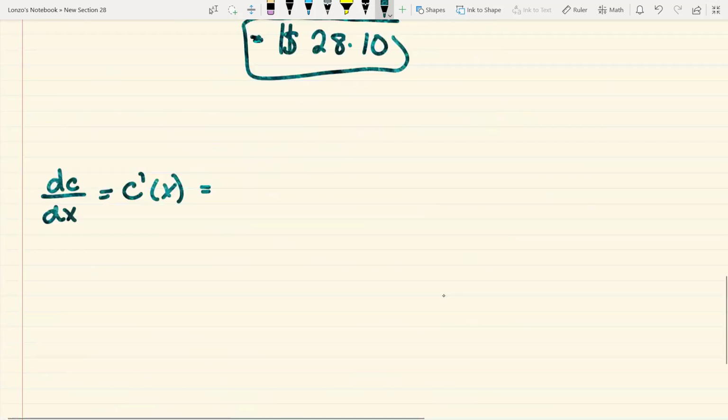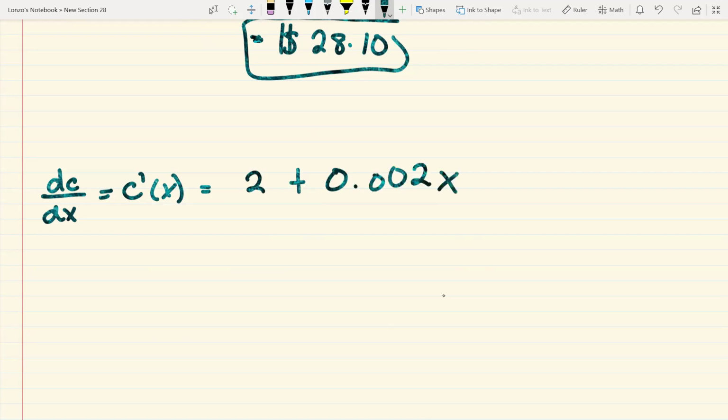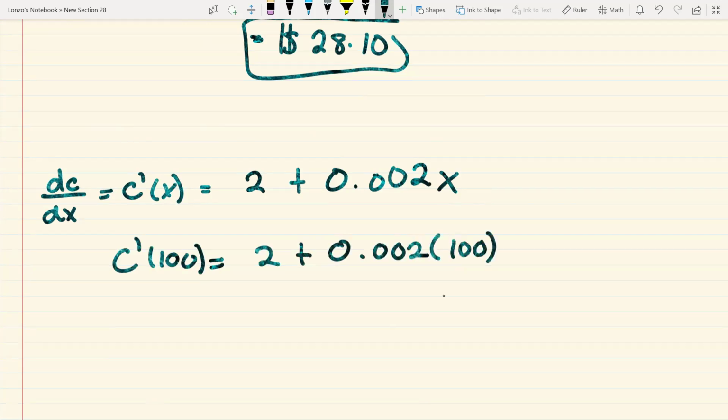C prime of x is 2 plus 0.002x. Then we have to plug in 100. And when I do that, I get exactly $2.20.